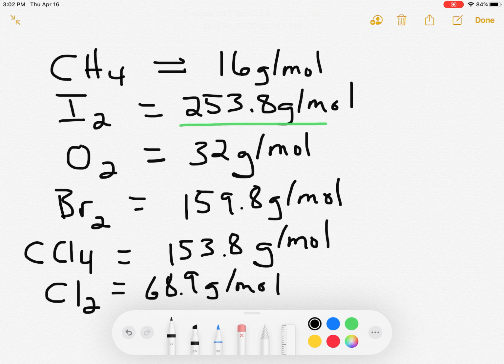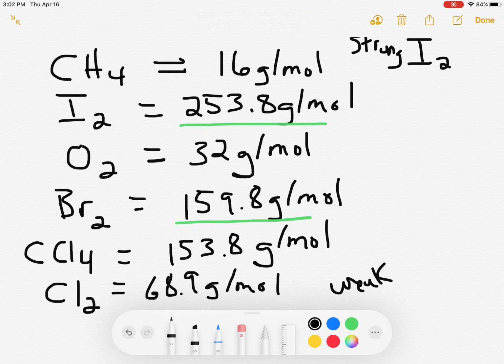Iodine has a molecular weight of 253, so that's going to be our first one. Again, this is strongest, and weak down here. So iodine is the strongest, and then next would be bromine. So bromine has a weight of 159.8. So we'll put that one next, bromine.